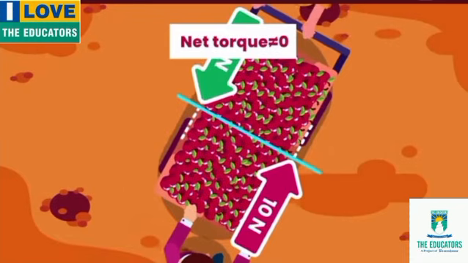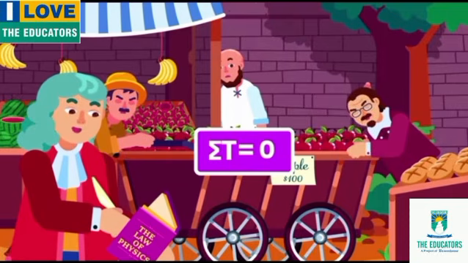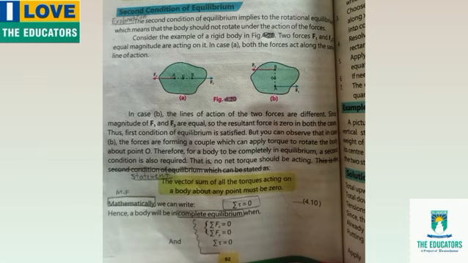It means the body has a net torque not equal to 0. To satisfy the second condition for equilibrium, the summation tau must be equal to 0. In mathematical form, we can see clearly that summation tau is equal to 0. Tau basically stands for torque, and torque is the turning effect of all the forces acting on a body.